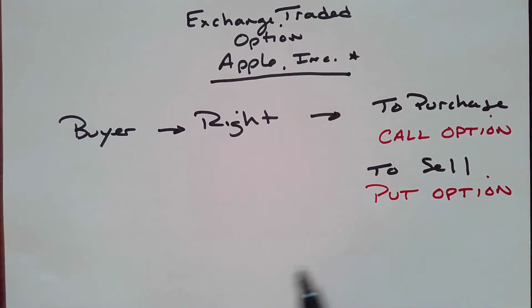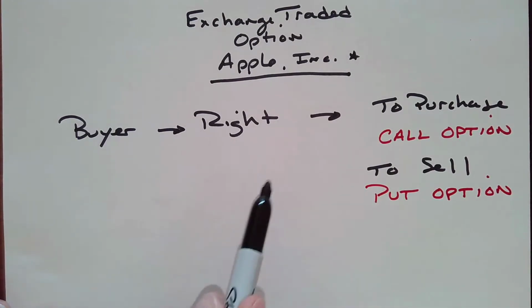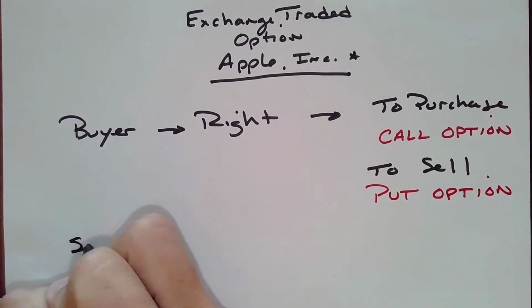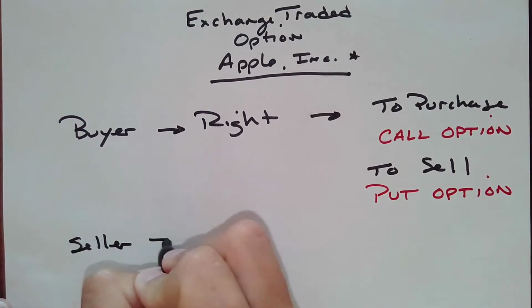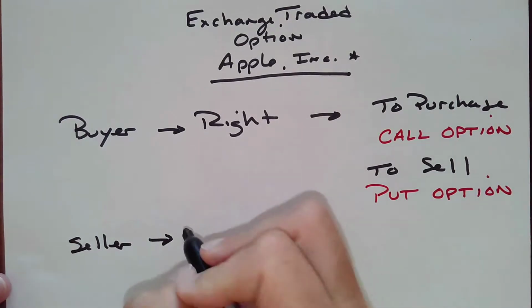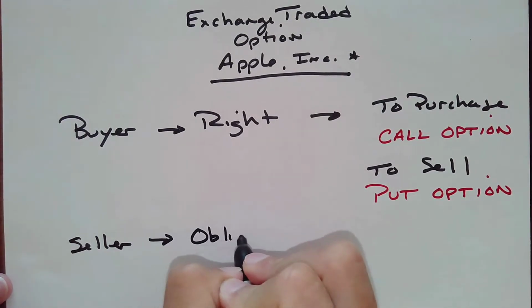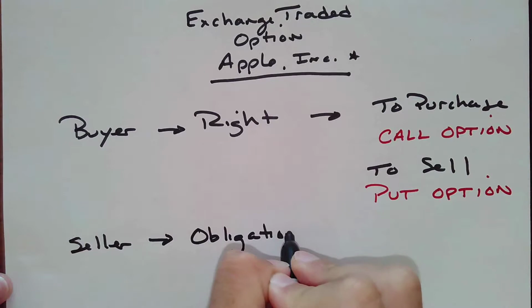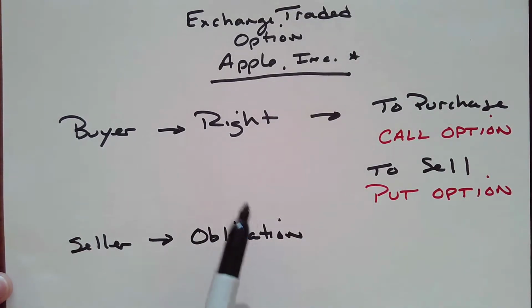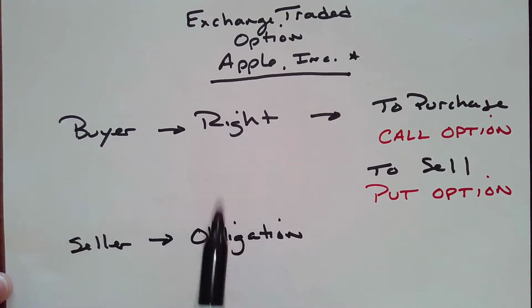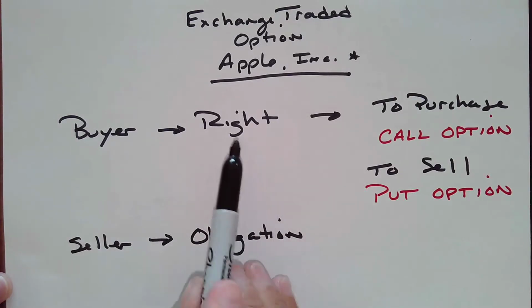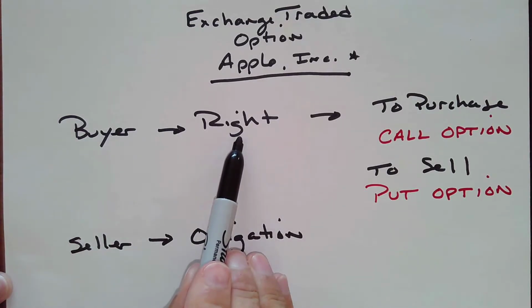Well, there's going to be somebody else, right? Who's selling this option? Well, the seller has the obligation, conditional on the buyer exercising their right. So they have the obligation if the buyer exercises their right.